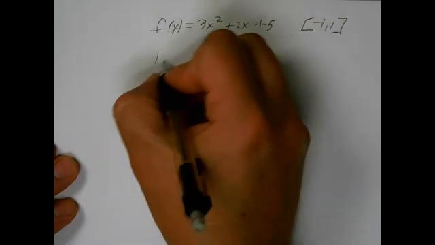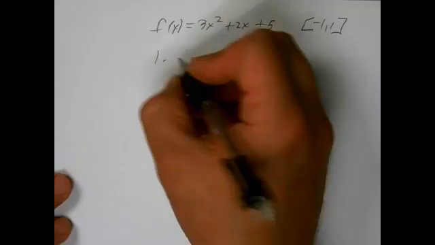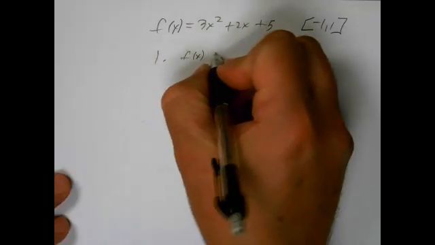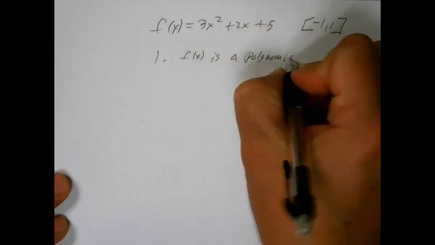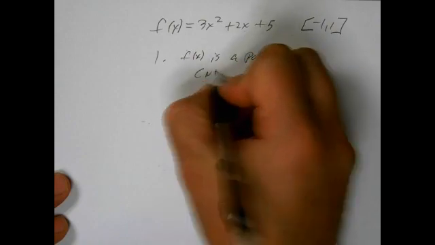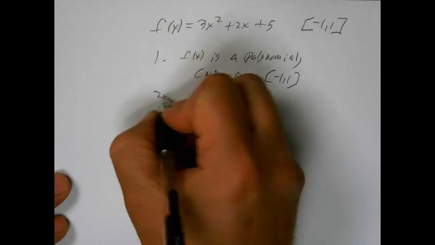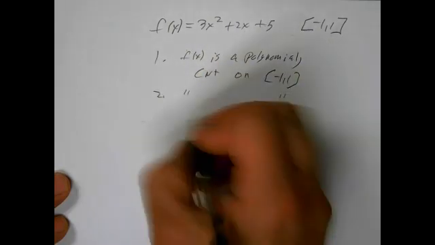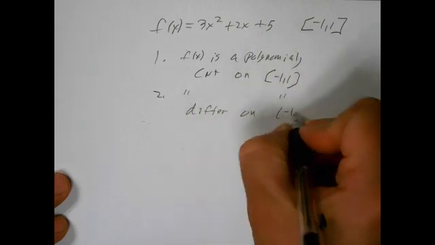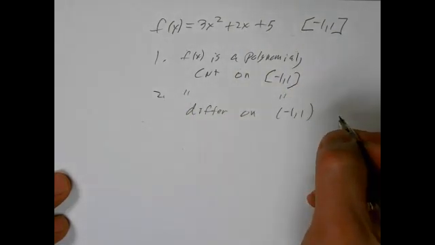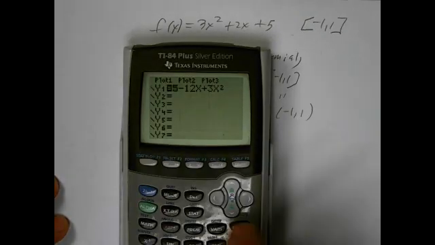Okay, so number 1, remember the criteria for the mean value theorem is a little bit different. f of x is a polynomial. Therefore, it is continuous on the closed interval. f of x is a polynomial. Therefore, it is differentiable on the open interval.